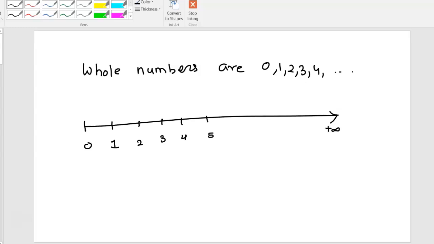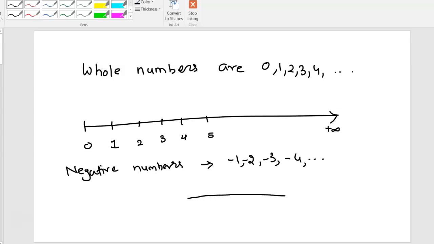Now let's see what negative numbers are. Your negative numbers are -1, -2, -3, -4, and so on. So you write a negative sign in front of these numbers.